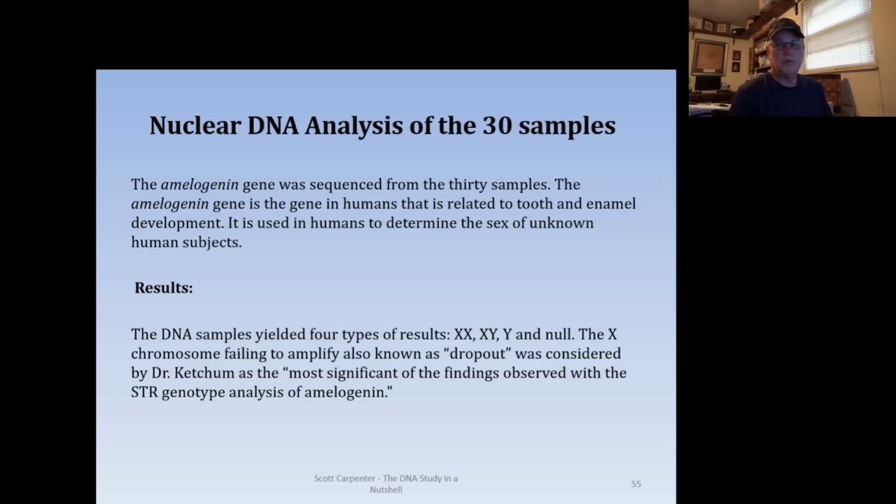And this was unusual because this was human mitochondrial DNA, and it should have amplified with the human primers, but it didn't. And that was what part of this study is about. What's not there, what's there.